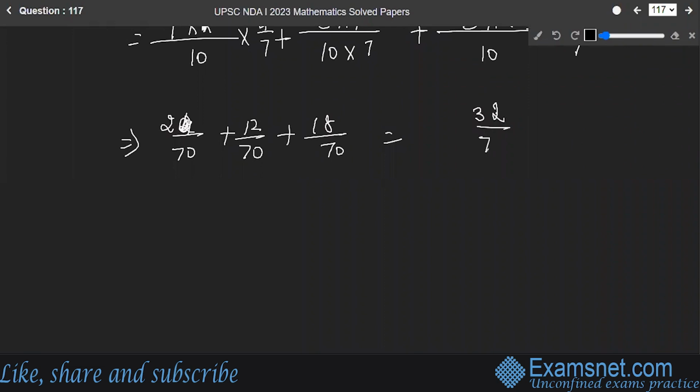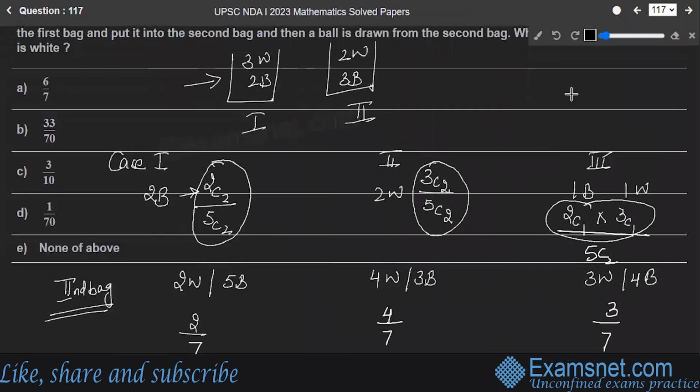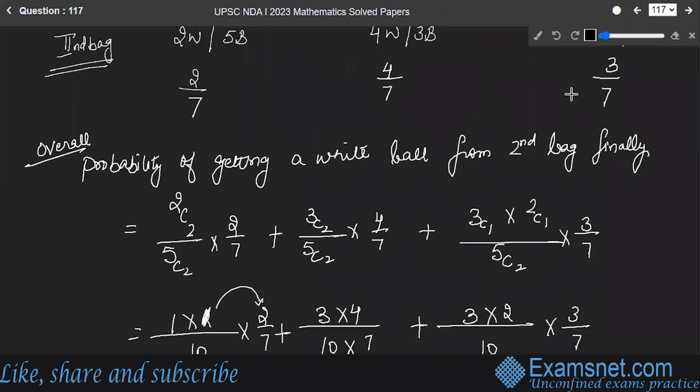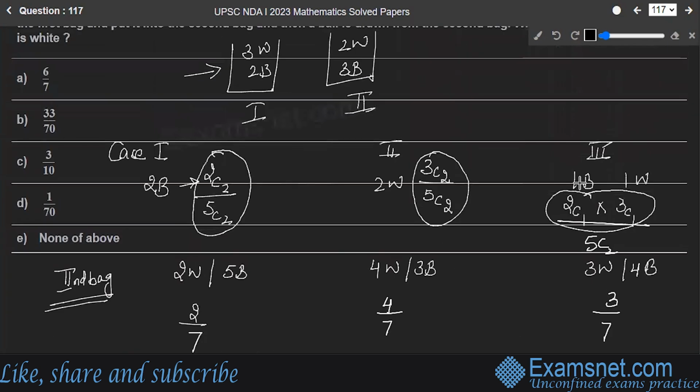I had already counted the 2, so there is no need of the extra one. This gives you 32 by 70. Let's check with the options. 32 by 70 is not there in the options. Let's bring it to smaller terms: 16 by 35. Even this is not there. So none of the above is the answer to the question, option E.